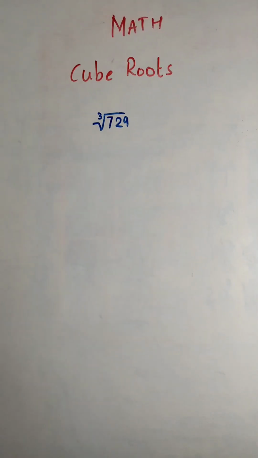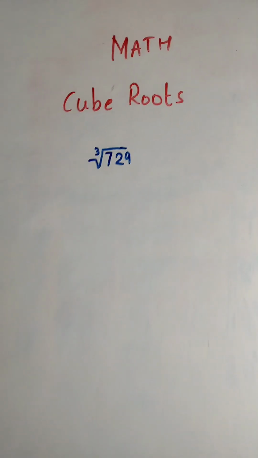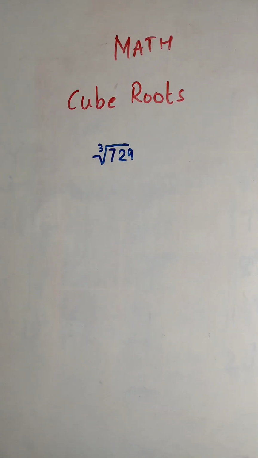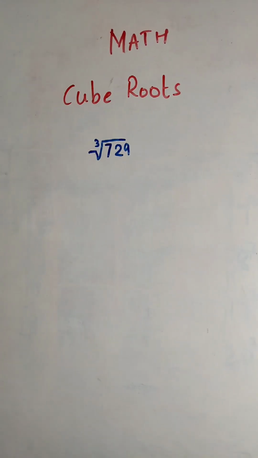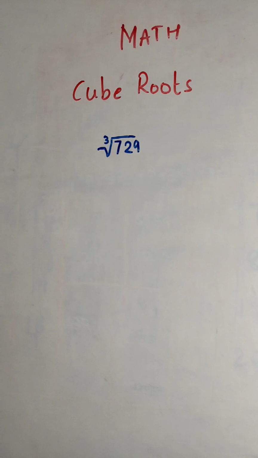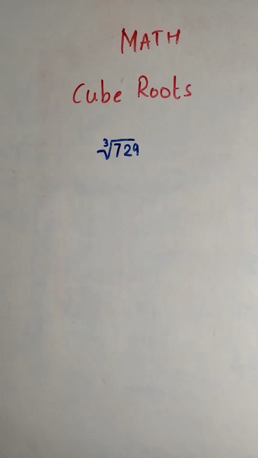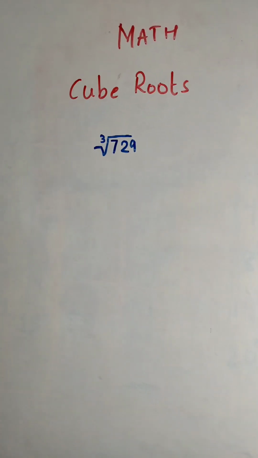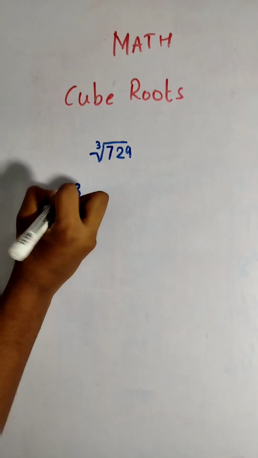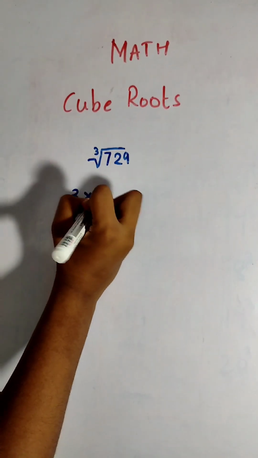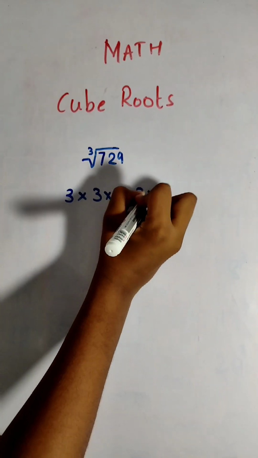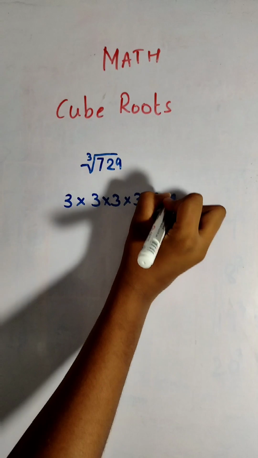Now that we've taken 729, we have to take its prime factorization. This is the easiest and quickest way to find the cube root of a number, if you know that number is guaranteed to be a cube of another number. So the prime factorization of 729 will be 3 into 3 into 3 into 3 into 3 into 3.